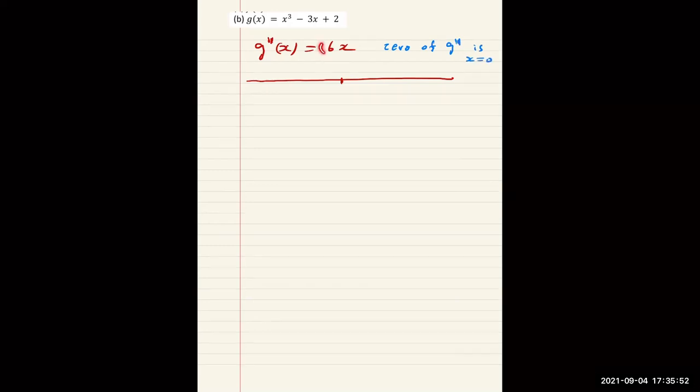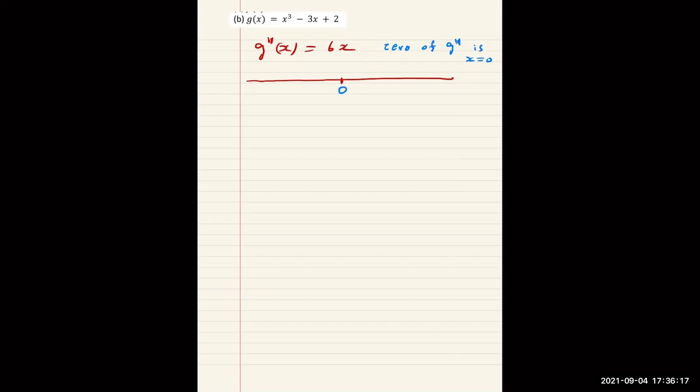It's clear. If you set this to 0, you get x is equal to 0. That's the only point where your g double prime of x can change the sign if it does. There is no other point because this is a polynomial. It is continuous everywhere. So it can change the sign only at its zeros if it does. So let me place that 0 here.